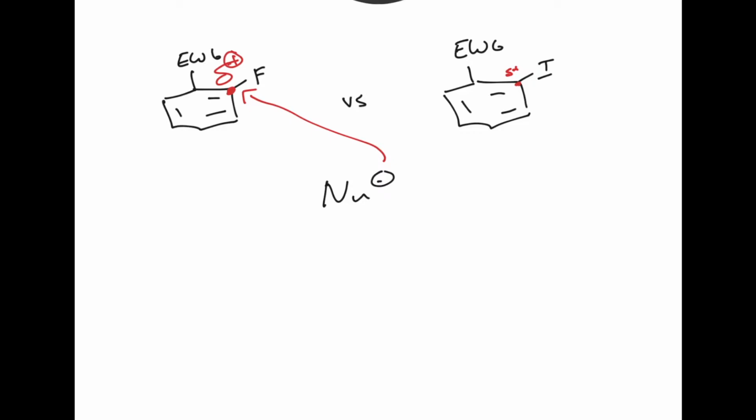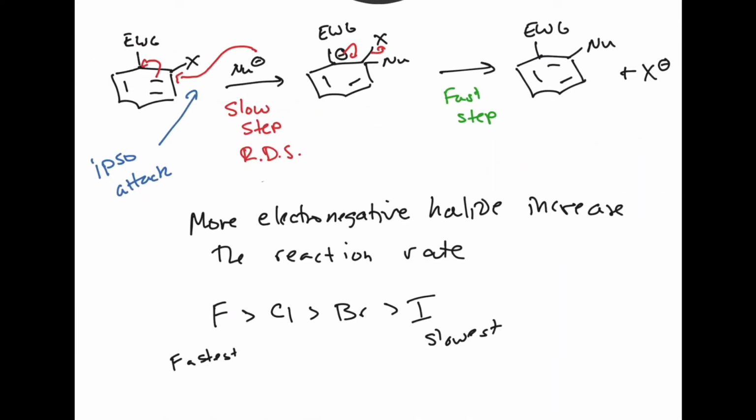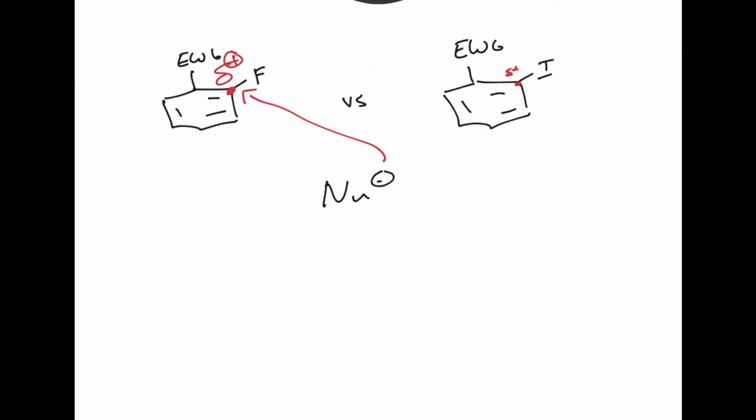Because once we get to this compound, the halide's going to come off, as the electrons come back down and spit off a halogen so that it can get back to being aromatic. So it doesn't matter what the halogen is, it's gone. It's just making this first step faster, and by being more electronegative, making the carbon you're bonded to more positive, speeds up the first step of the reaction.